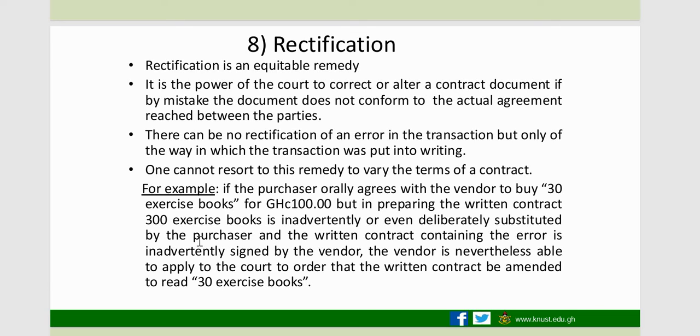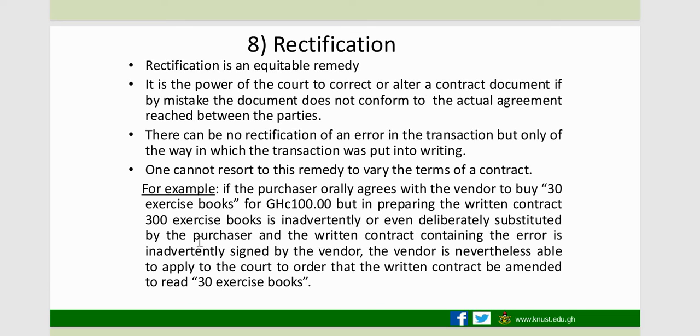Maybe in the contract, you wanted 30 books and the person wrote 300 books. I hope you get it. In this situation, you can go to the court and let the court correct that particular thing in the contract. The reason it will be the court to correct it is that per the agreement, it must be enforceable.